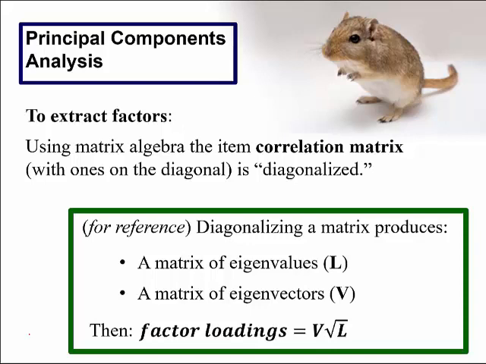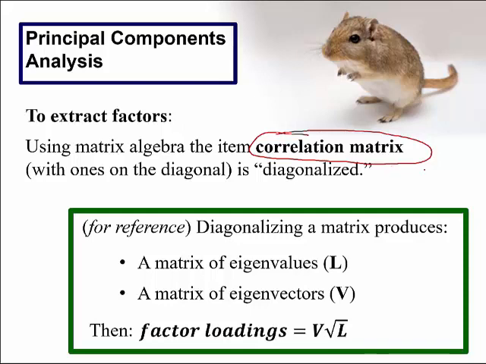What does that process look like? So when doing principal components analysis, it basically goes like this. We need to start off with a correlation matrix. And actually, as we'll see in a moment, this will be true with factor analysis as well: really all you need to start off with is a correlation matrix.